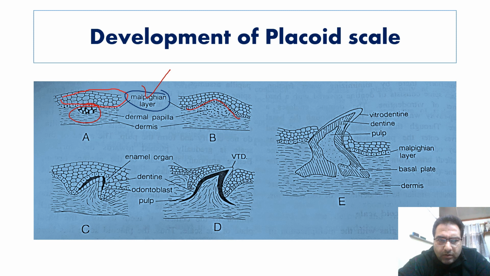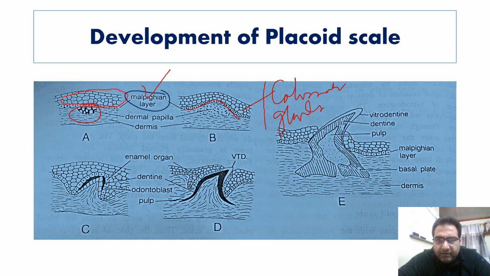So when it becomes arched, the cells of the Malpighian layer become, number one, columnar, and they also become glandular, that is, able to form glands. So they are now glandular as well as columnar, and they form the enamel organ.